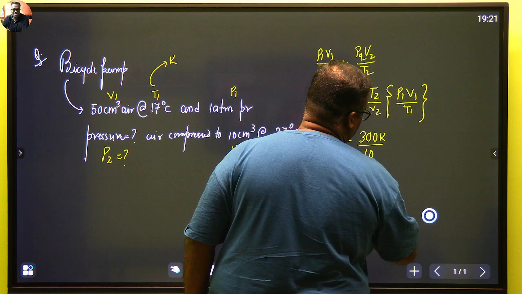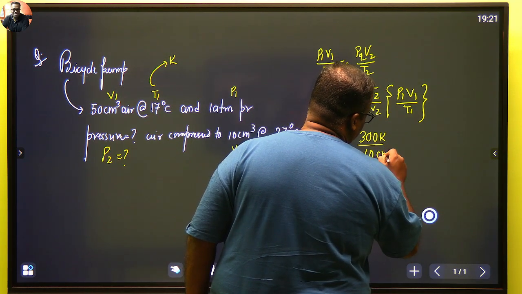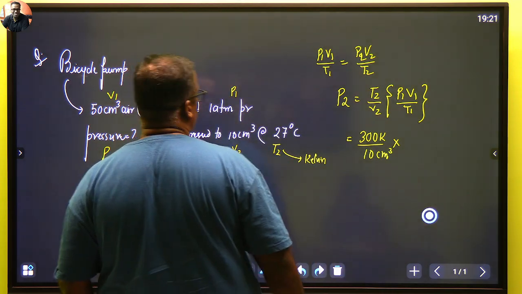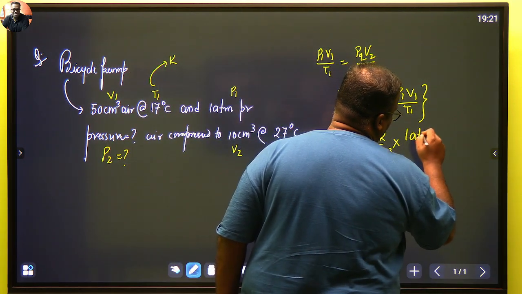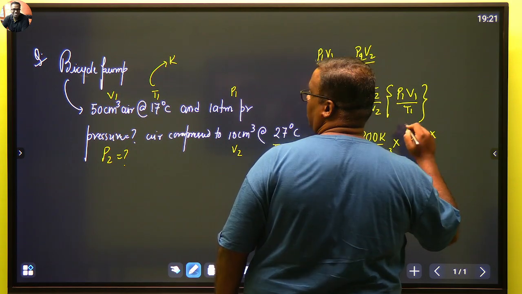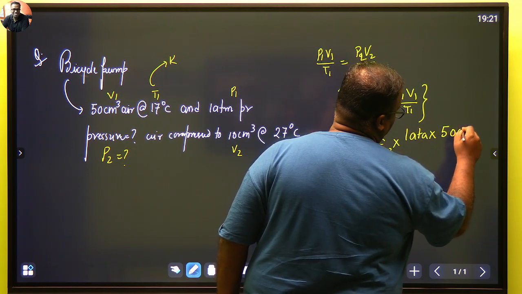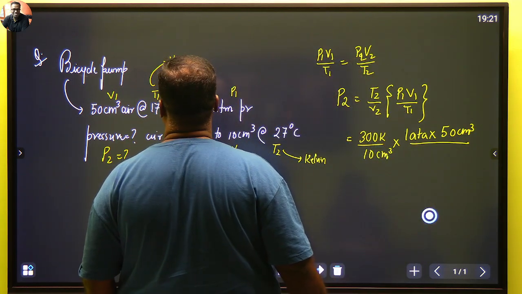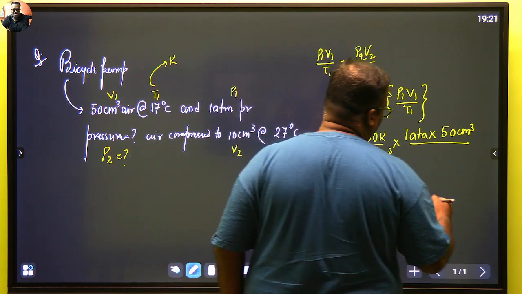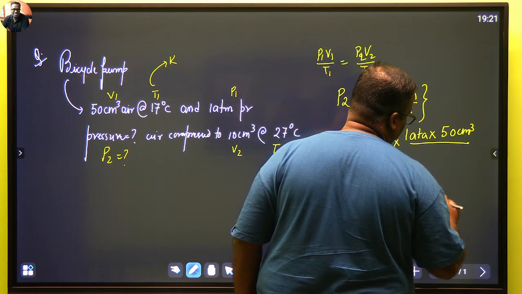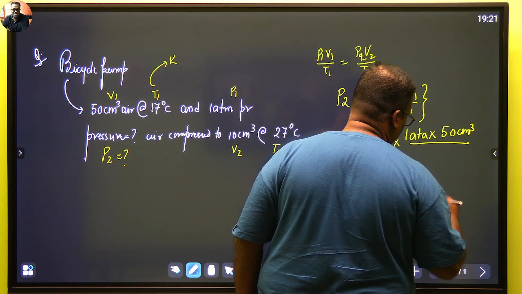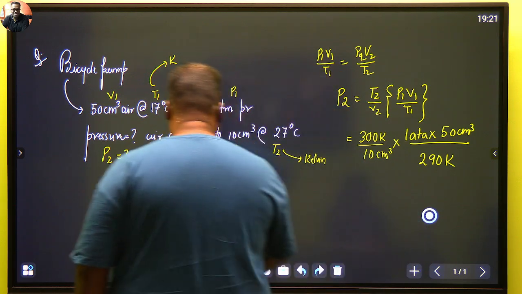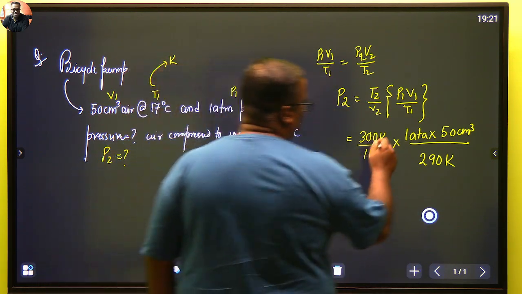Always write your units. 300 Kelvin, 10 centimeter cube multiplied by P1. P1 is my pressure, which is 1 atmosphere, into V1. My V1 is 50 centimeter cube upon T1, and my T1 is how much? 17. So 17 means 273 plus 17, 290 Kelvin.